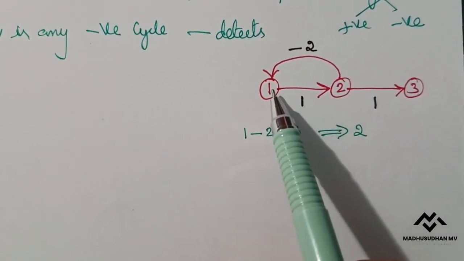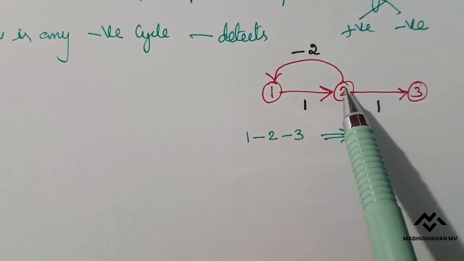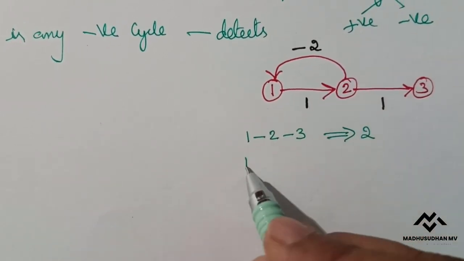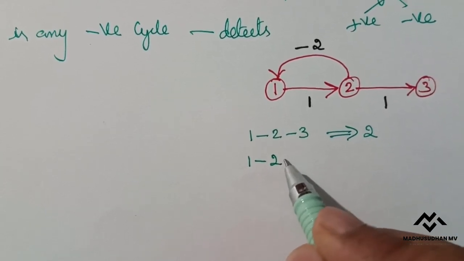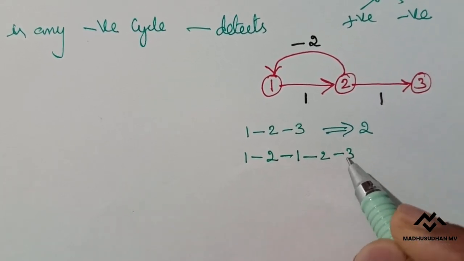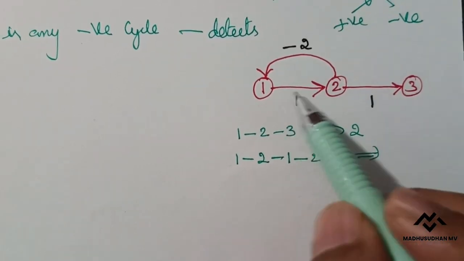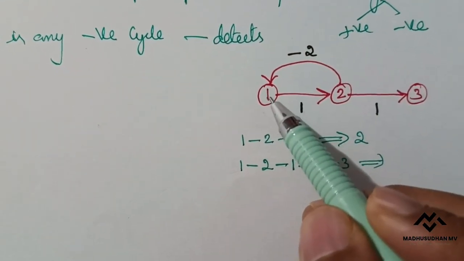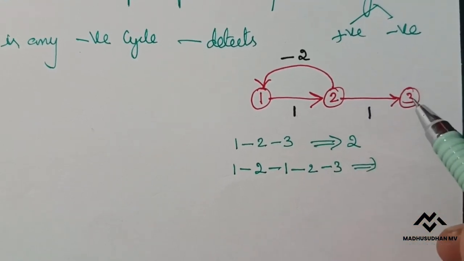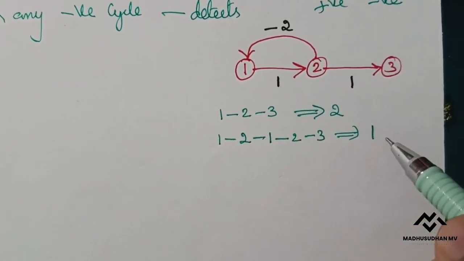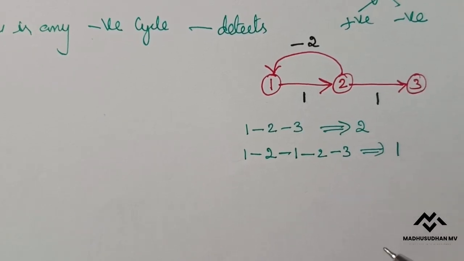First I move from 1 to 2, then again from 2 back to 1, then again 1 to 2, then 3. Now the total is 1 plus -2 minus 1, which is 0, then plus 1. So now the shortest distance is 1. Is this correct? No, this is still not right.